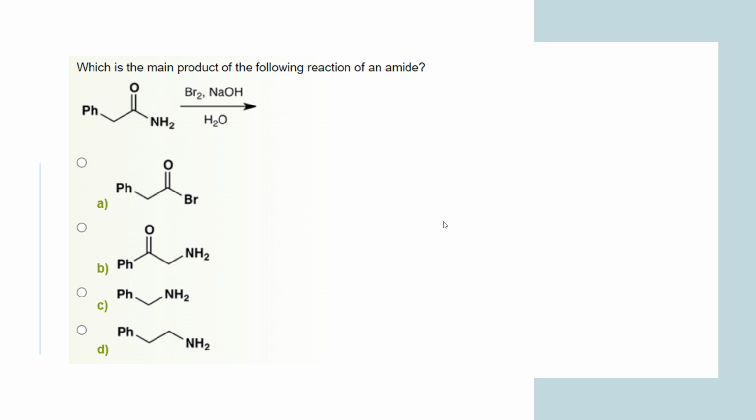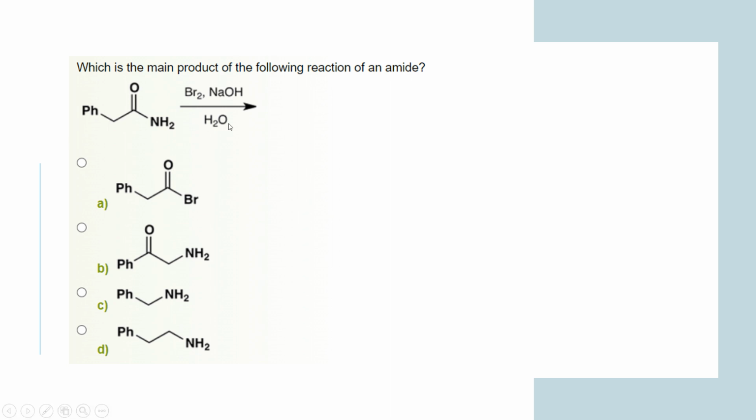So after that, let us move to the next question. Which is the main product of the following reaction of an amide? So this reaction we have already discussed. You can try the mechanism by yourself, and you must already know that this is the reaction condition given for Hofmann rearrangement.